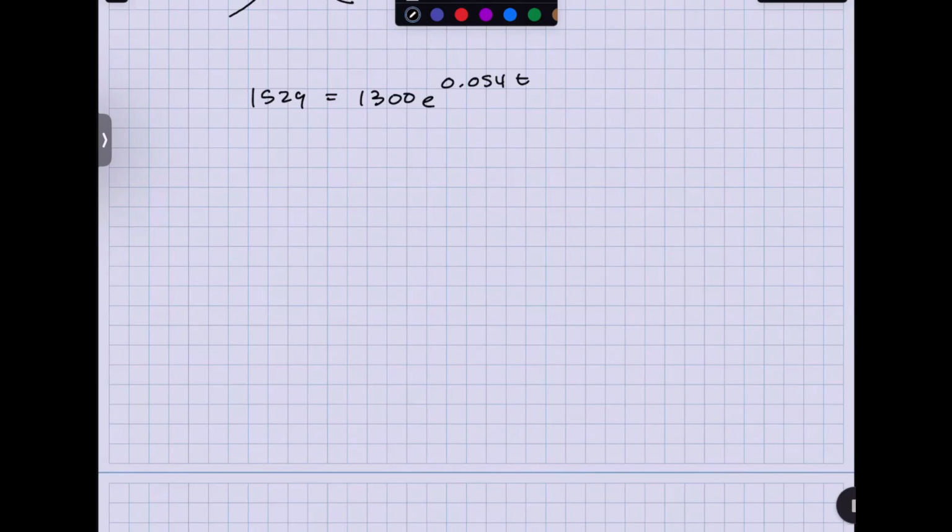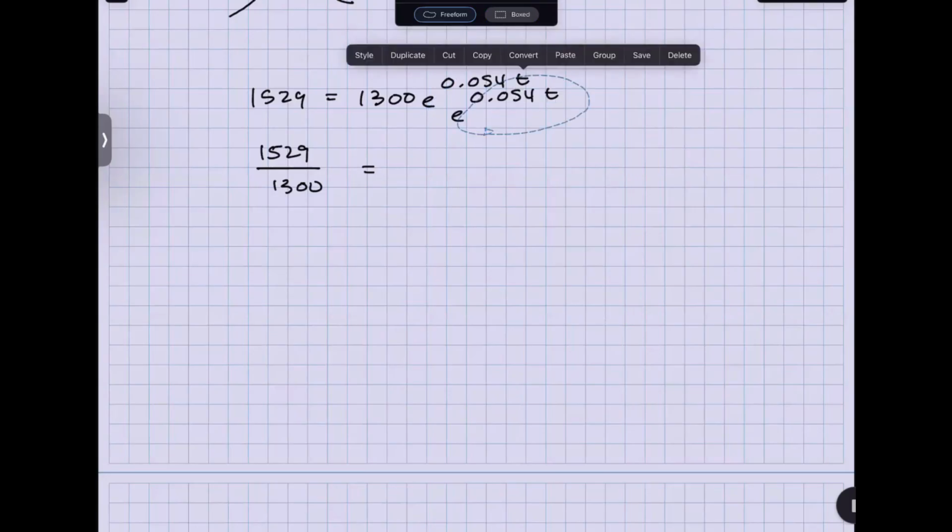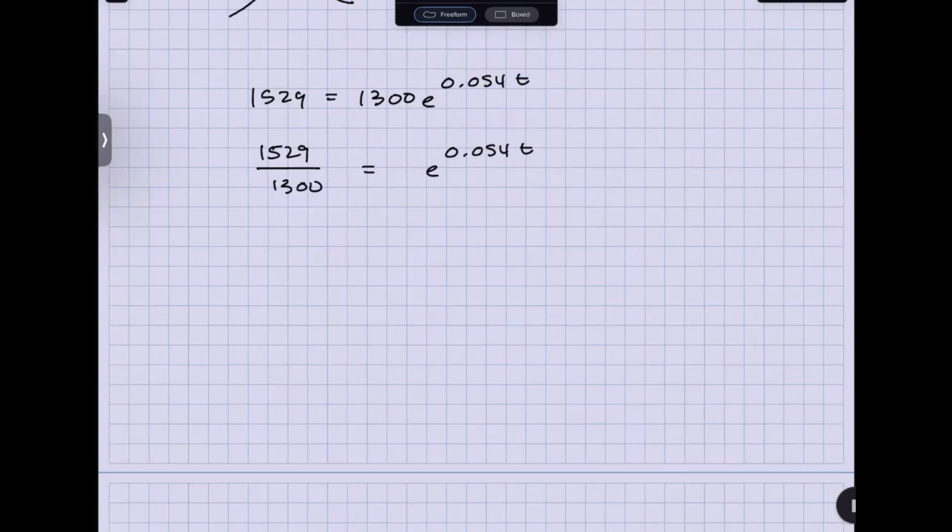I don't have anything extra. I just have the t. So the thing I would do is divide by the 1300. It will equal to that, yes?